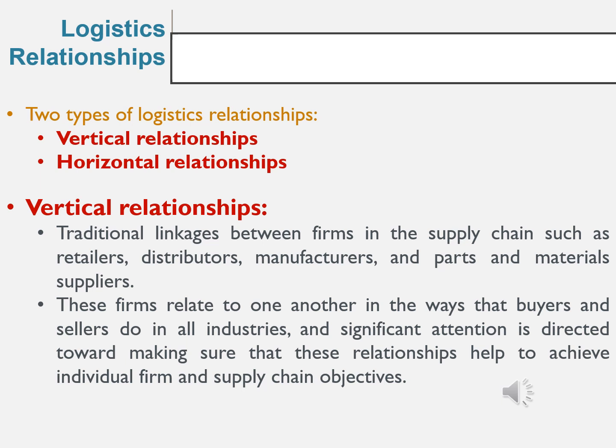In logistics activities, there are two types of logistics relationships. The first is known as vertical relationships, and the second is horizontal relationships. I hope you can understand the differences between these two types.